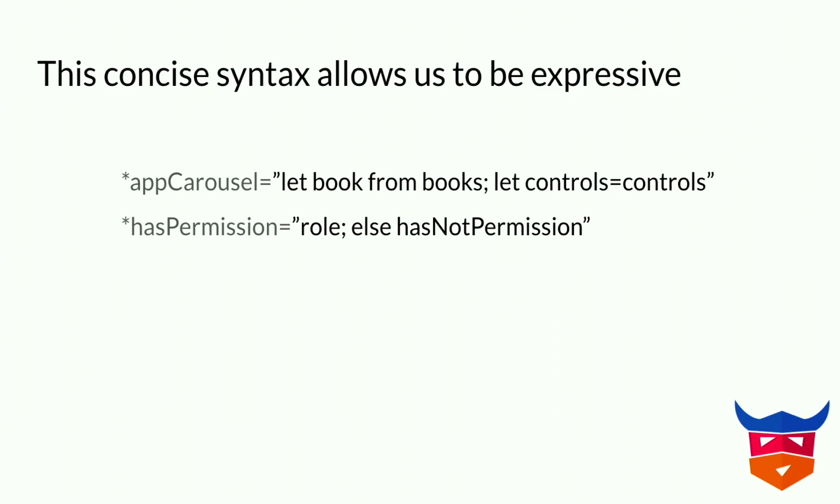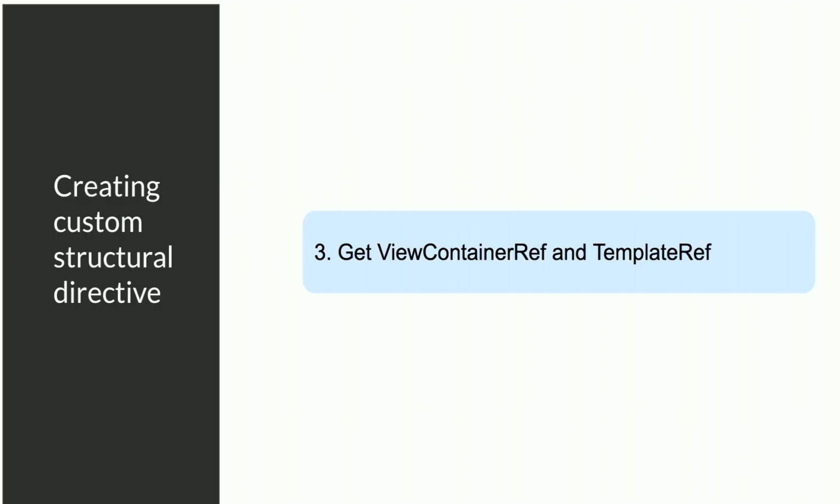So we can say something like *carousel equals let book from books, and then let controls equals controls. Or if we have a structural directive which checks if the user has permission to see a view, you can have hasPermission, role, else hasNotPermission, where hasNotPermission will be a reference to a template which will show the view when the user does not have permission.